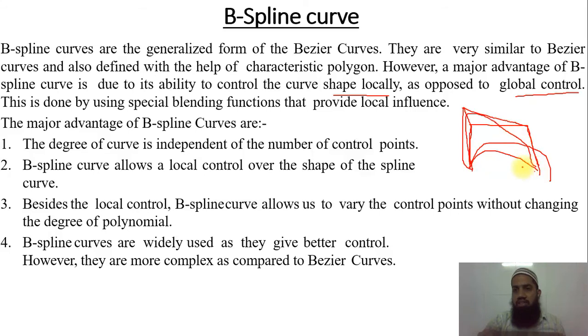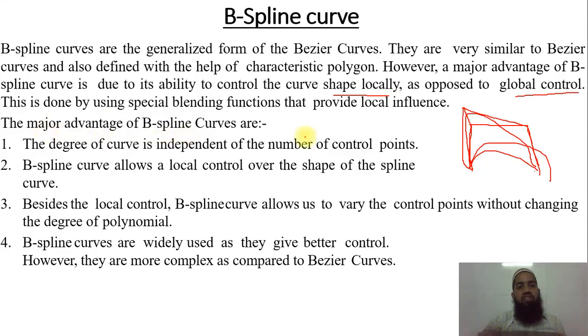It means that the entire curve is distorted because of the global control. So B-spline curves overcome this global control disadvantage and provide local control to the curve. Okay, locally it is controlled.